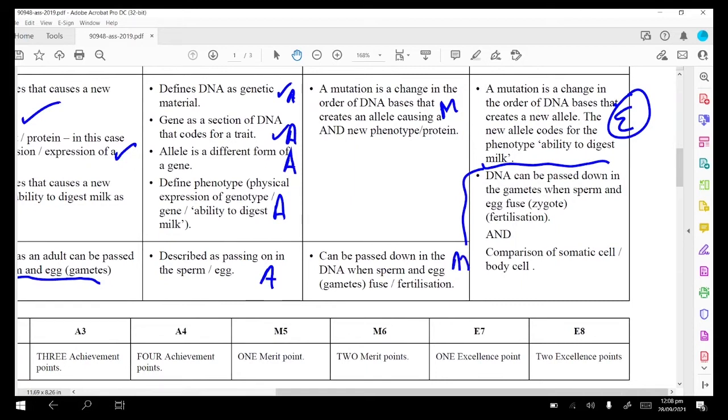Yes, we talked about that. And then DNA can be passed on in the gametes when the sperm and egg fused, forming a zygote. Yep, or you use the word fertilization. And a comparison of the somatic cells which cannot be passed on. We did that. Yay! Okay, so that was quick. Question 1. We have an E8. I'm really happy to tell you.